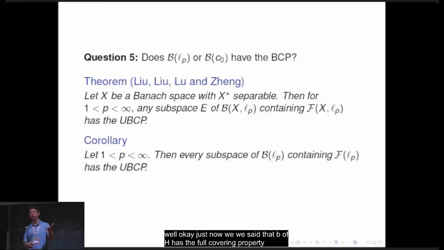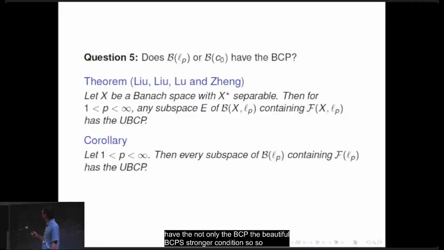Just now we said that B(H) has the ball covering property. H, a separable Hilbert space, can be identified as little l2. So the natural extension would be, what about B(lp) and B(c0)? Indeed, we prove a stronger result in this situation. Let X be a Banach space with X star separable, and for p strictly between 1 and infinity, any subspace of B(X, little lp) containing the finite rank operators has not only the BCP but the uniform BCP, a stronger condition.